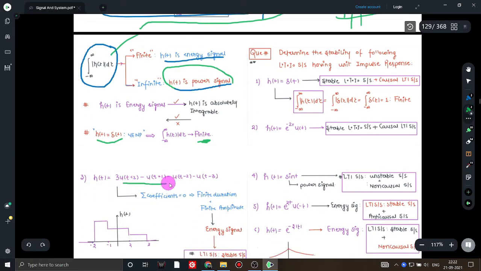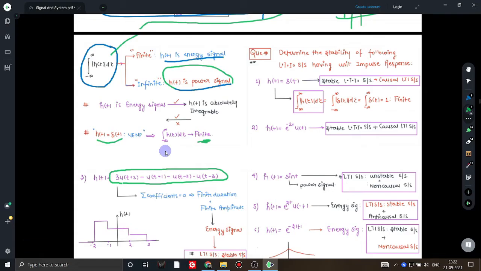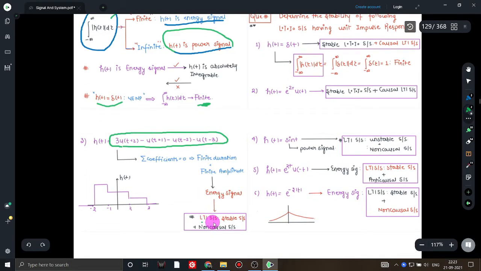In the time domain, the sum of the coefficients is 0, so it is finite duration, finite amplitude, so it is an energy signal. Because it is an energy signal, it is absolutely integrable, so that's why it is stable. So our LTI system is stable. As you can see, this impulse response is not a causal signal, so this is a non-causal system.